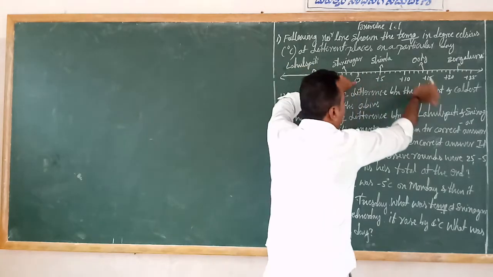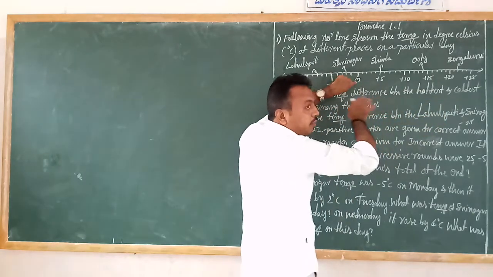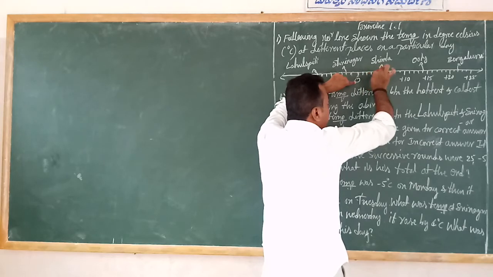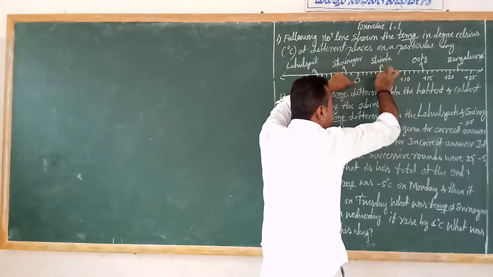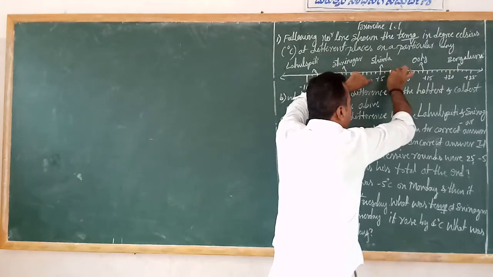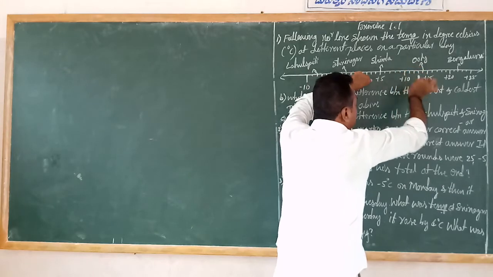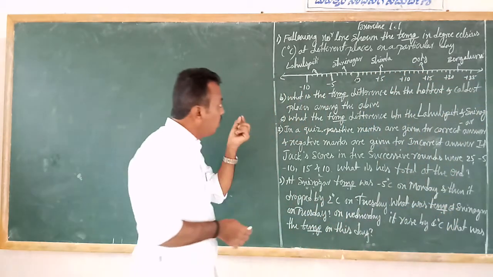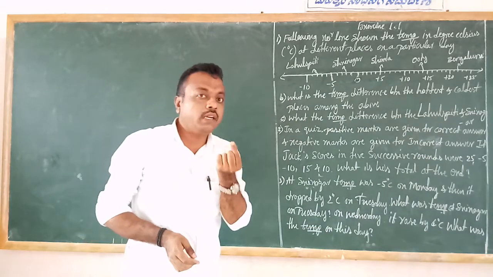Like that, to the right of 0 it becomes positive: +1, +2, +3, +4, +5, then +6, +7, +8, +9, +10, and like that +15, +20, +25 and so on. Each division is 1 degree Celsius.